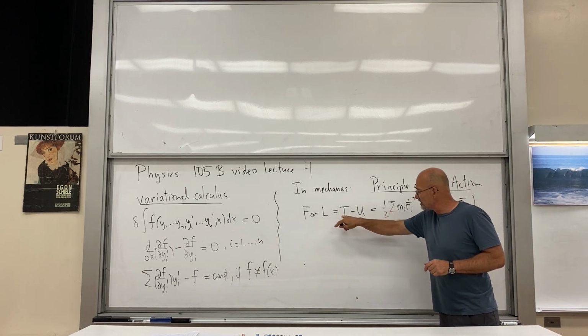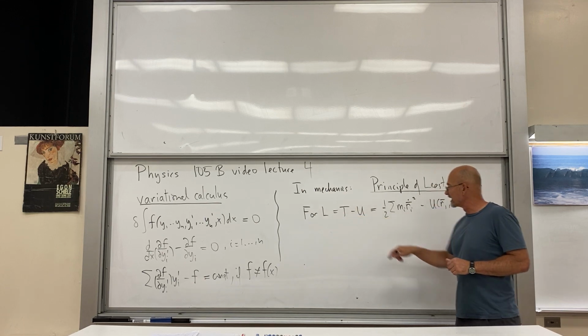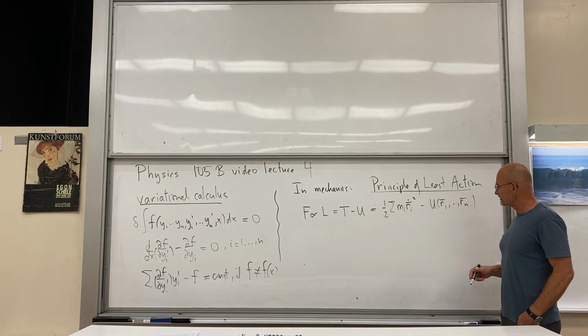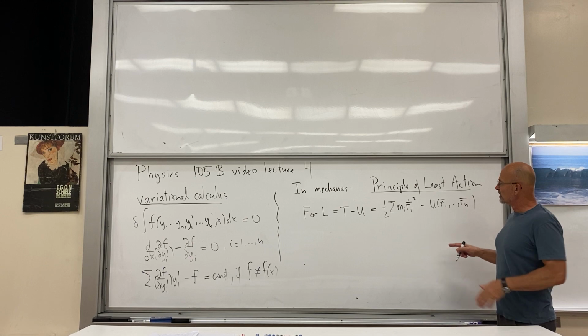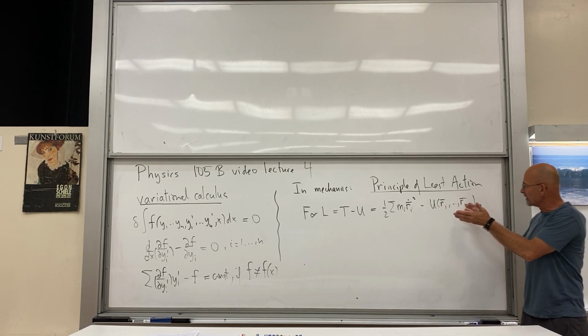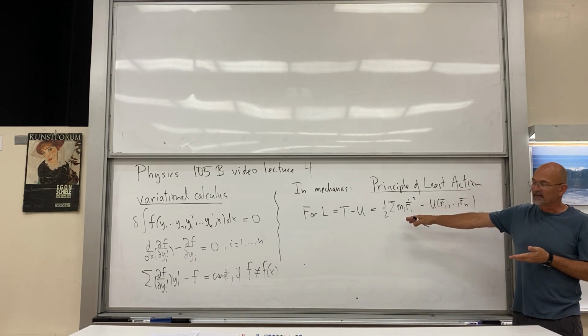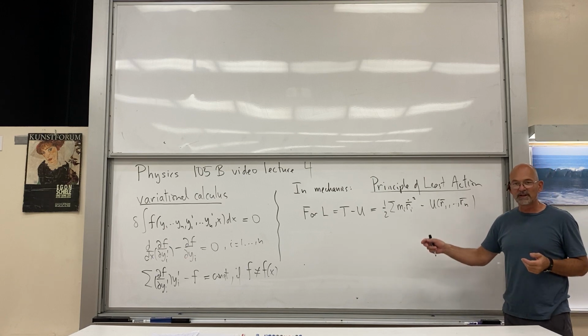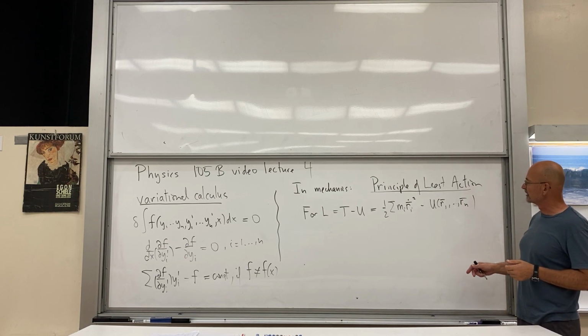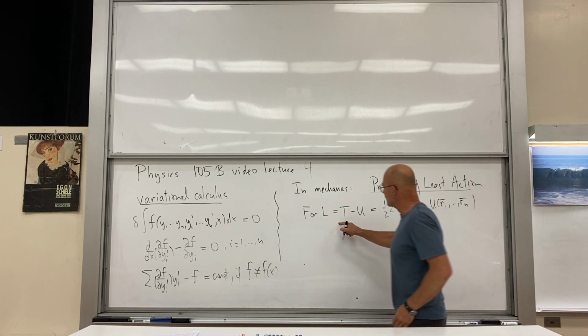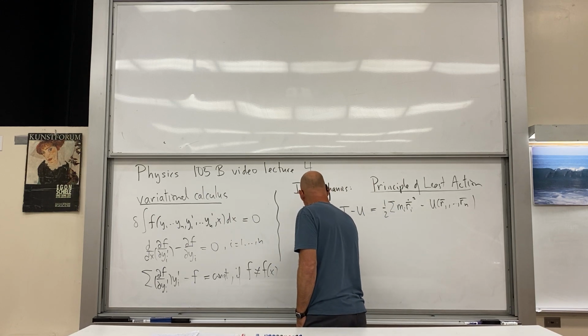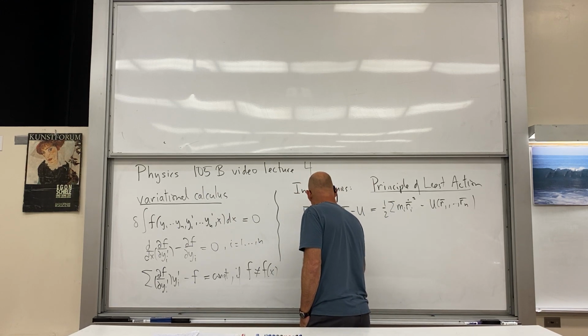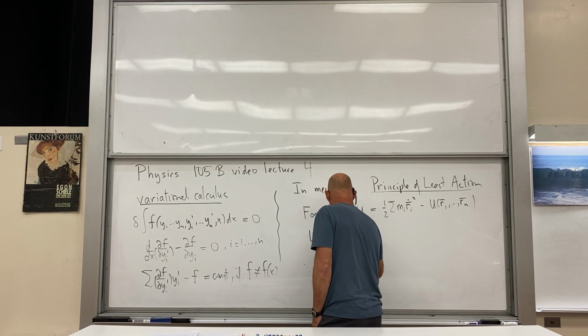Here the Lagrangian is the difference of the kinetic and the potential energies. So we've just been studying how to form expressions like this when we're doing many particle systems. So we have this thing called the Lagrangian, L.